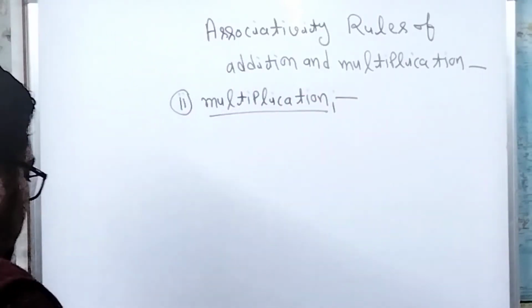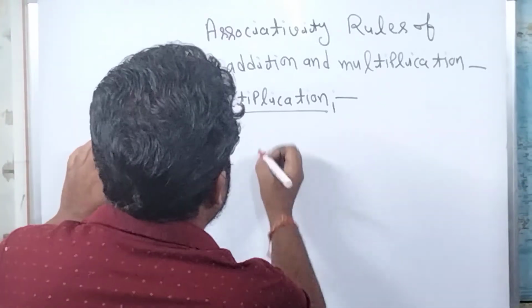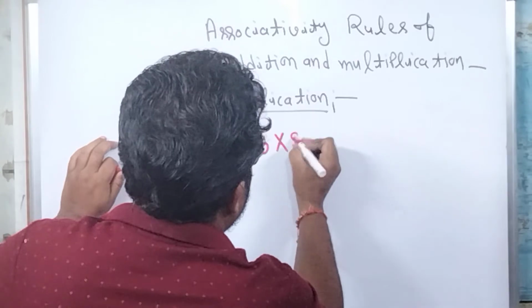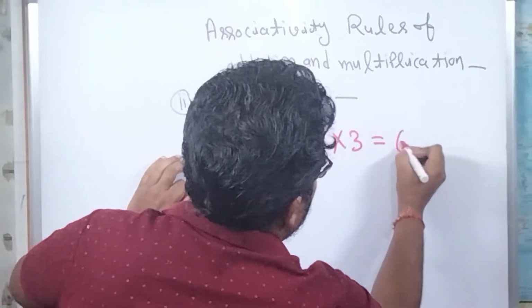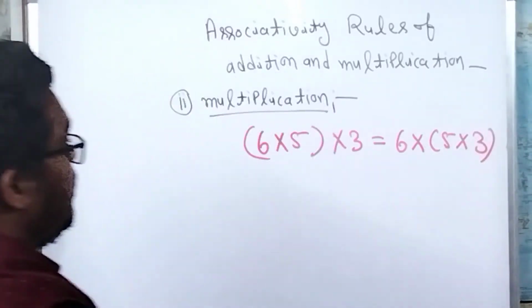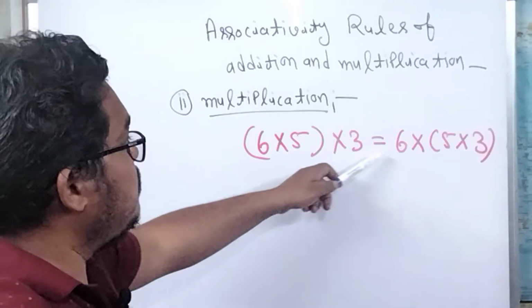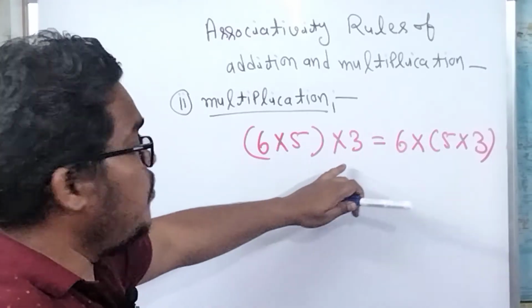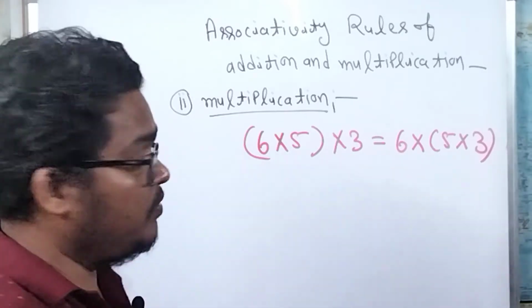Multiplication. In multiplication, friends, we see the example (6 × 5) × 3 and 6 × (5 × 3). Are both equal? Here we find both the values.